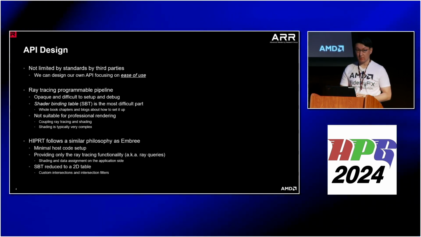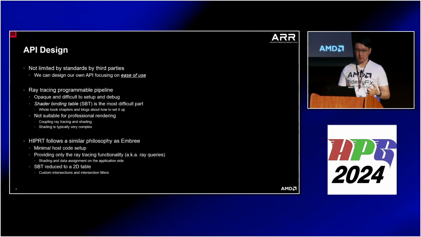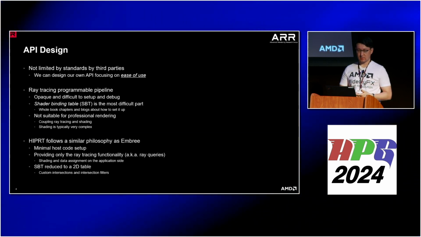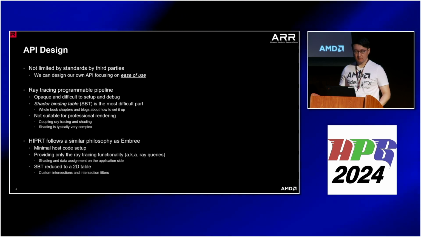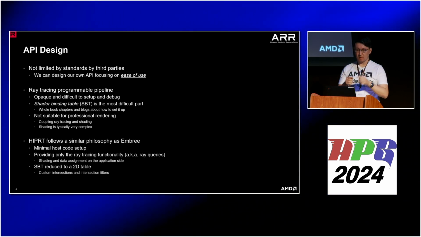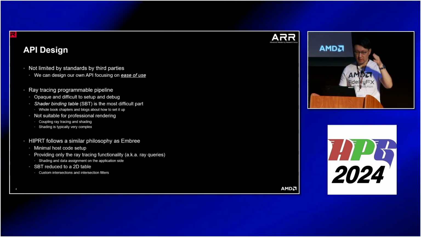We really cannot avoid custom functions. We need intersection functions for custom primitives, and the second type we have is intersection filters that I will explain later. But in our case, it's just a 2D table. One dimension is ray type, and the other dimension is geometry type.